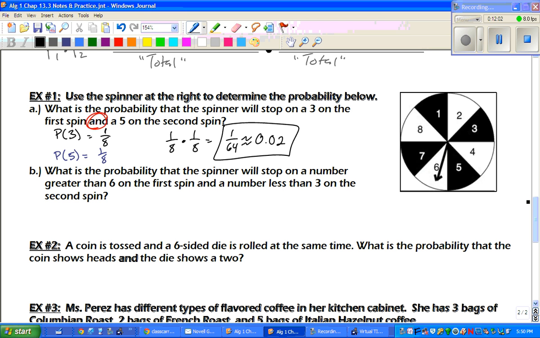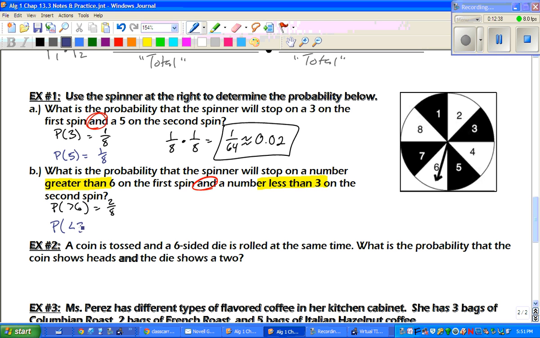B, what is the probability that the spinner will stop on a number that is greater than 6 on the first spin and a number that is less than 3 on the other one? So numbers that are less than 3 are just 1 and 2. Greater than 6 are 8 and 7. So probability of a number greater than 6 is 2 out of 8.